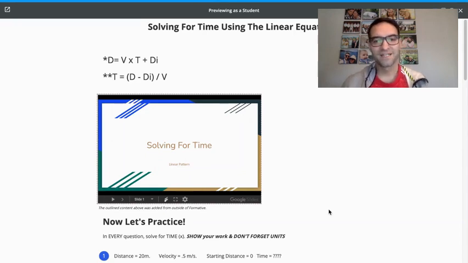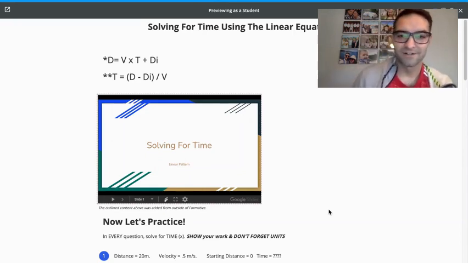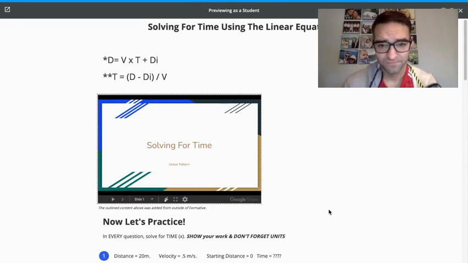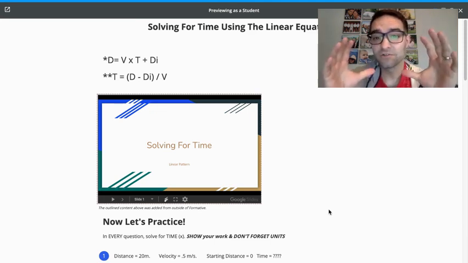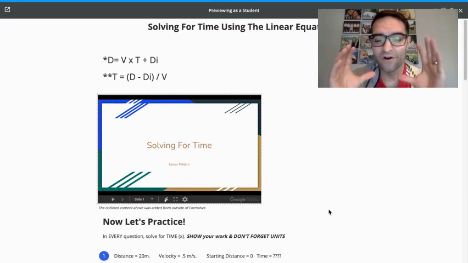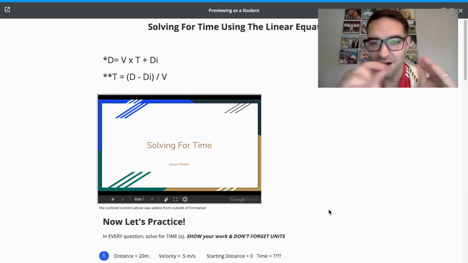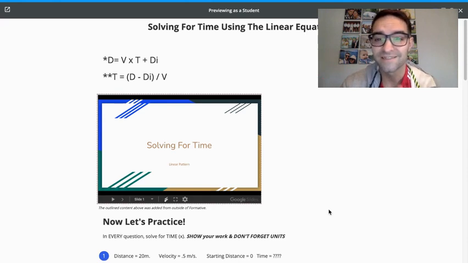Welcome to physics. This is our third activity with our motion unit. And again, we're still focusing on scenarios of motion that are related to constant velocity, or where the velocity doesn't change.